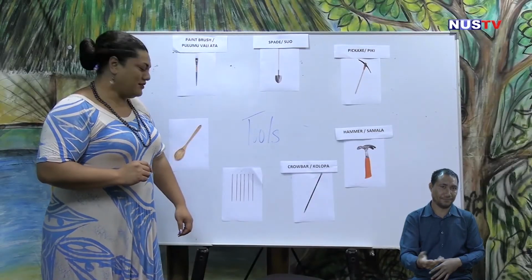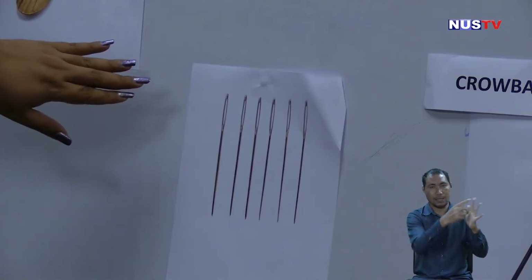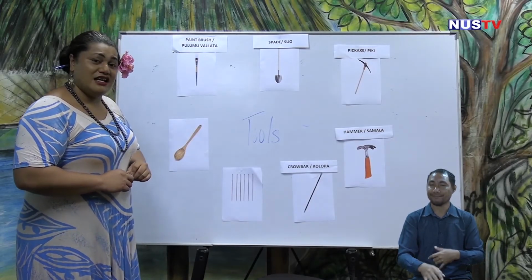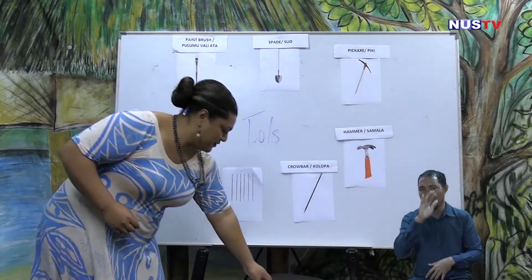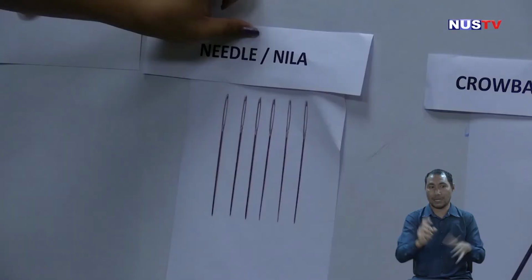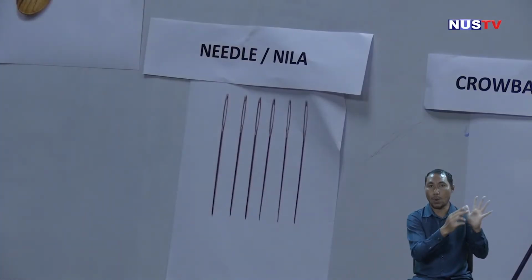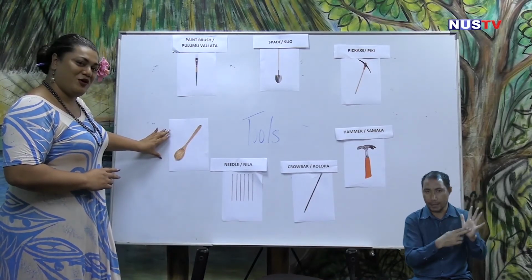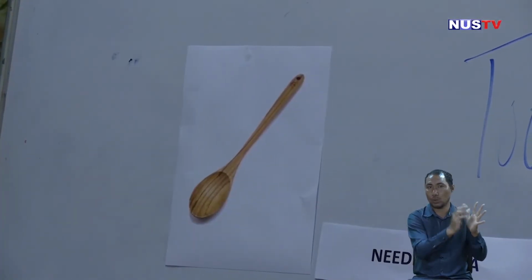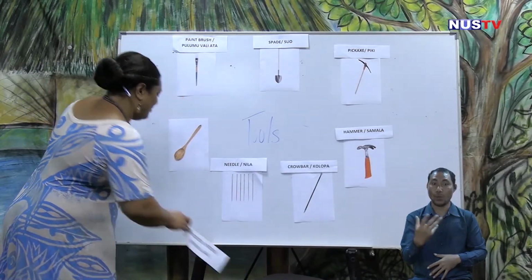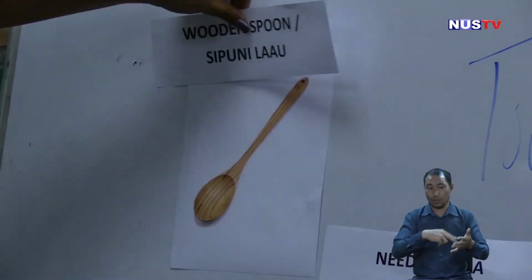Our next tool, yes, this is one common tool that we use at home. They are needles. Ole nila. And our last tool, students, this is one common tool that we use at home for cooking. It is a wooden spoon. Ole sipuni la'au.